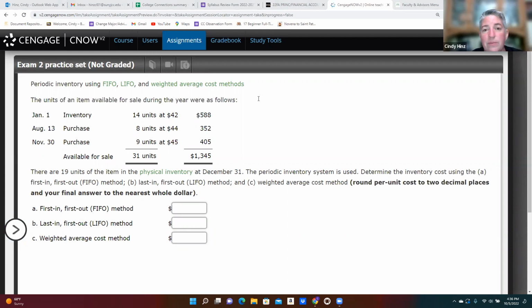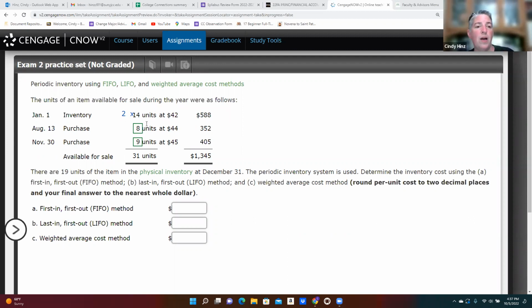So for FIFO, first in, first out, we have 19 left, I'm sorry. So let's identify those 19 units. That'll make it easier. So we're going to keep all 9 of these, the newest units we have. We're going to keep these 8, and that will bring us up to 17. And then we will keep just 2 of those 14 units.